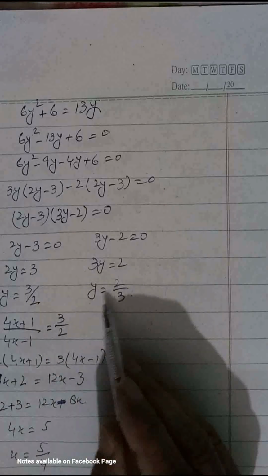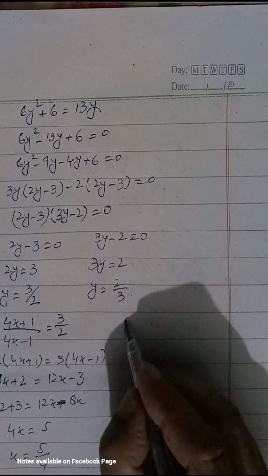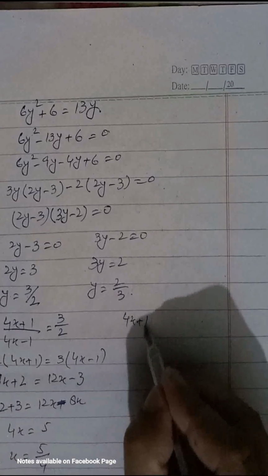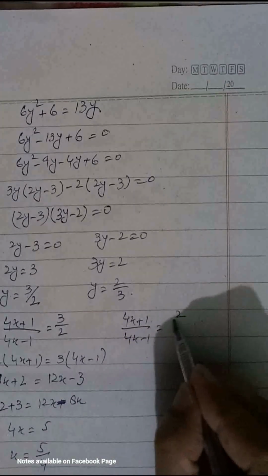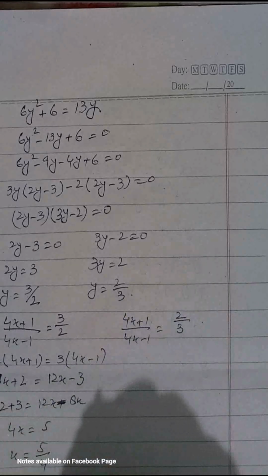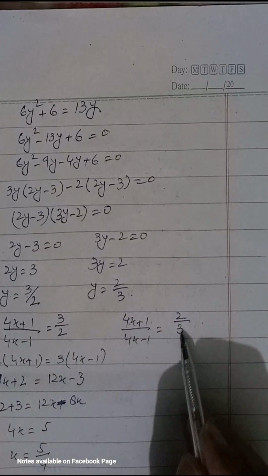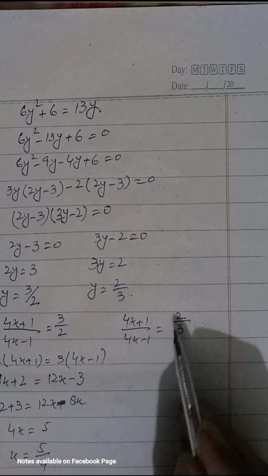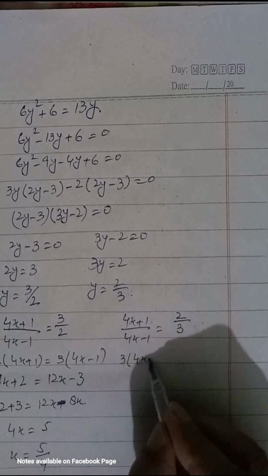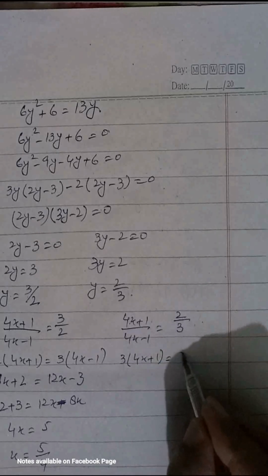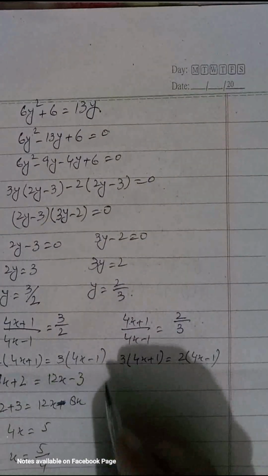And the other value of y is equal to 2 over 3. Same, we find the value of x. 4x plus 1 over 4x minus 1 is equal to 2 over 3. Now we cross multiply the values. 4x plus 1 with 3 and 4x minus 1 with 2. We get 3 (4x plus 1) is equal to 2 (4x minus 1).